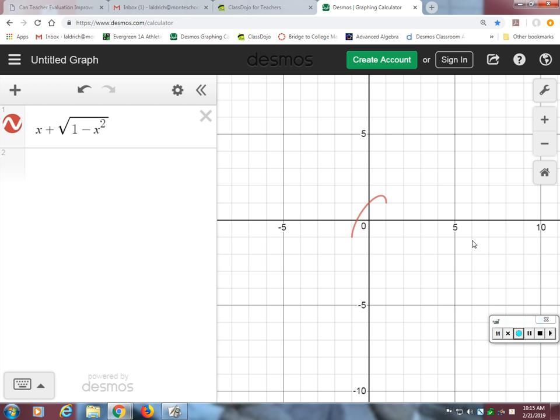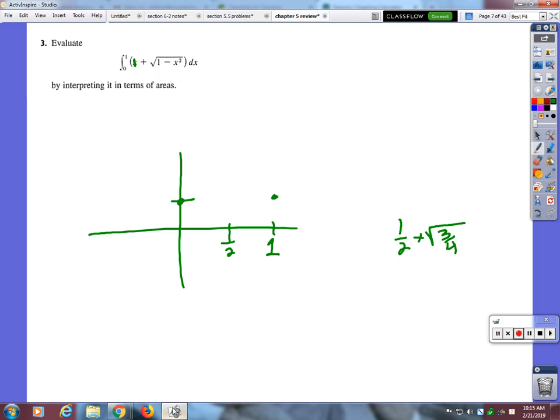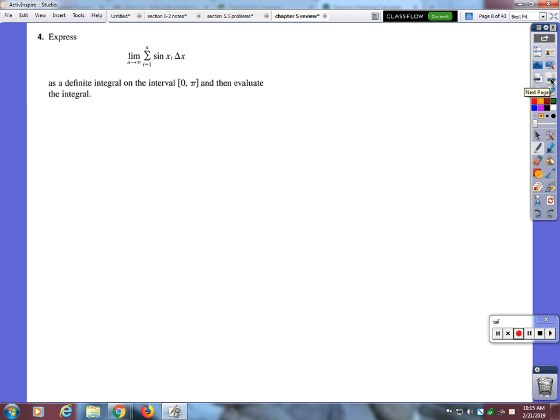We don't know how to find the area of that little shape. So we wouldn't do one of those.